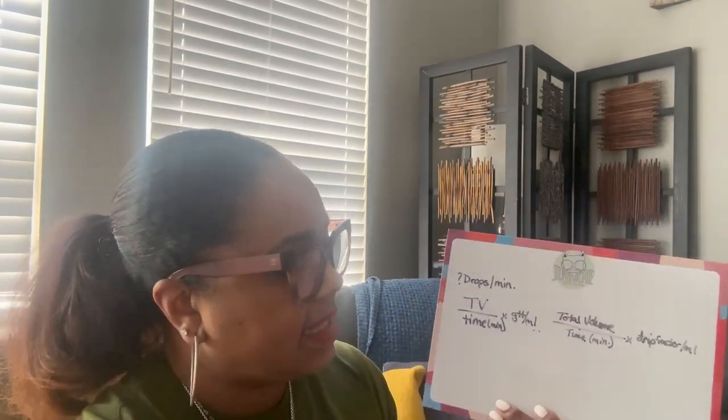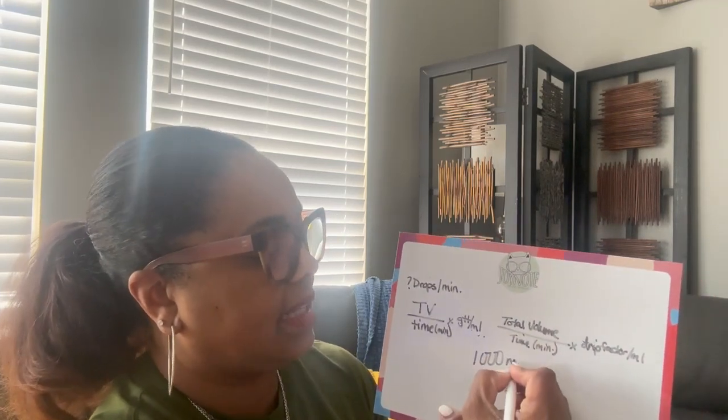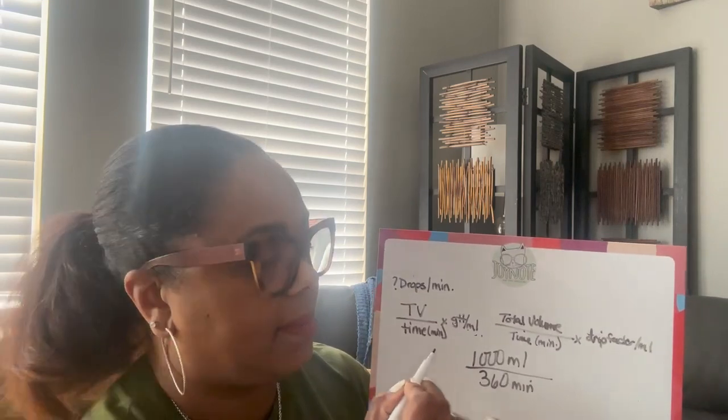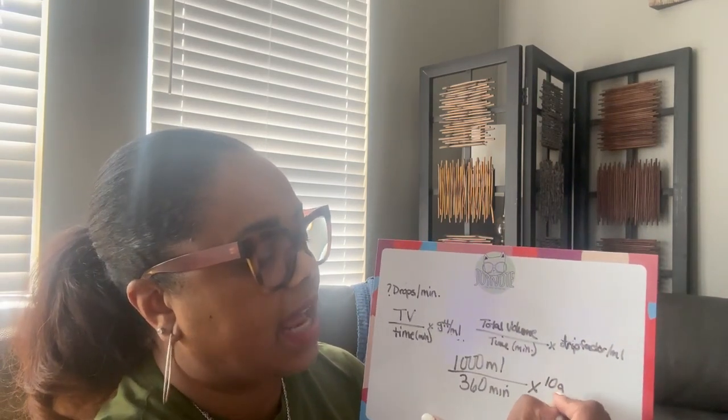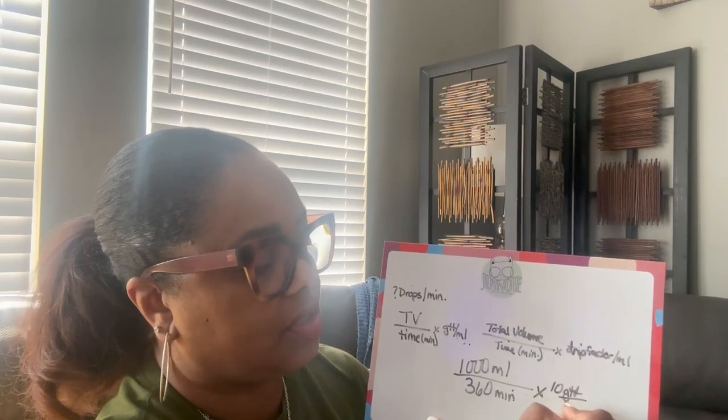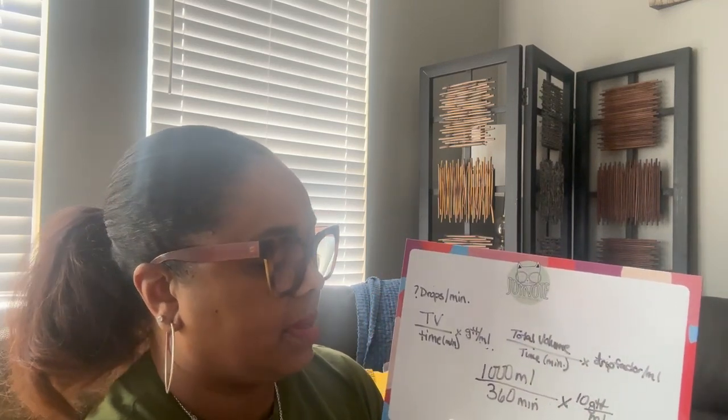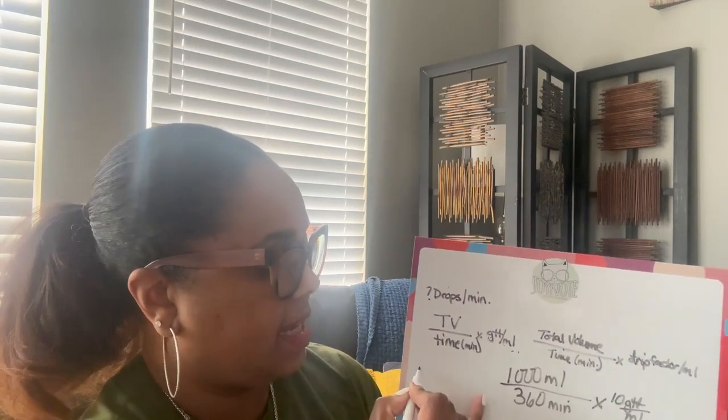So let's say that the doctor ordered 1,000 milliliters of saline to go over 6 hours. So 60 minutes times 6 is 360 minutes. Because remember, we said the time always has to be in minutes. And let's say that the IV drip rate we saw on our tubing in this institution is 10 drops per milliliter. So this again is a division.